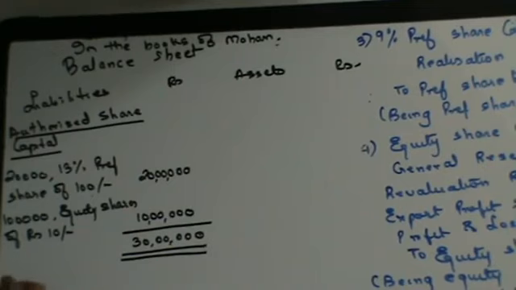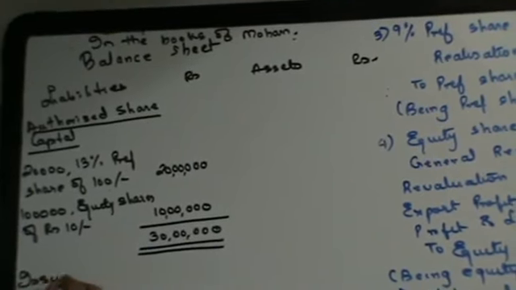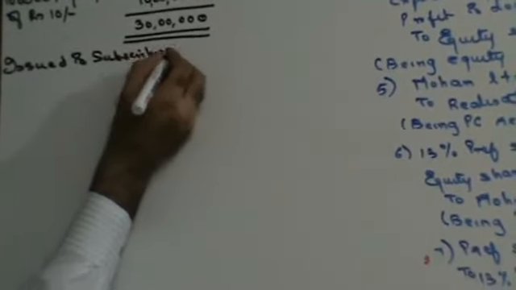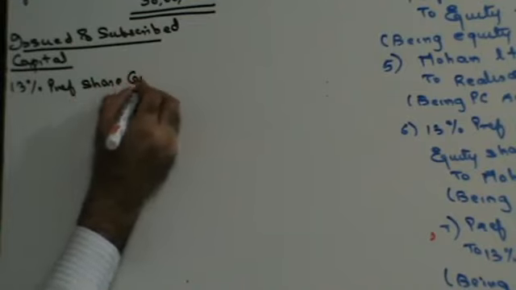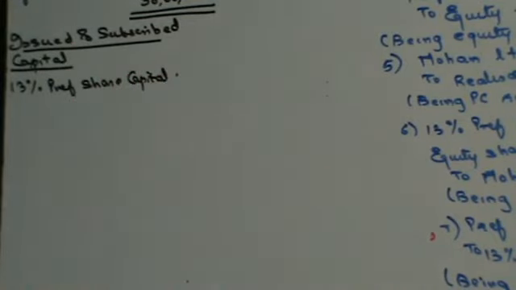Now let's come to the sum. Issued and subscribed capital. First, you will have 13% preference share capital. You will have to make the balance sheet from the journal of Mohan. So 13% preference capital is 15 lakhs.